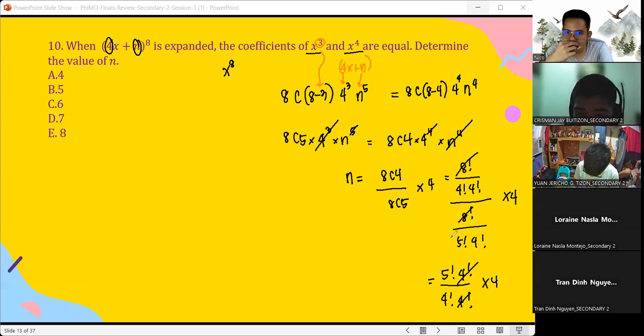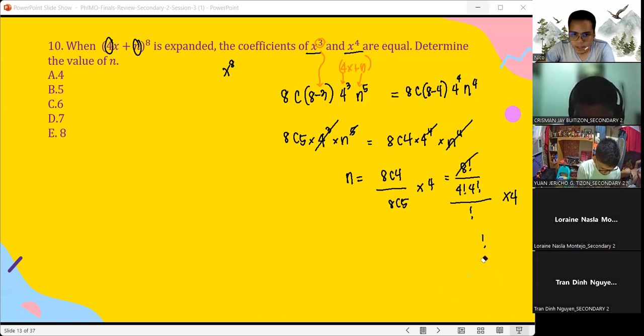Let me double check my 8c4. 8c4, 4 to the 4, cancel, cancel, and 8c4, 8c5. Okay, okay. So 8c4 is equal to 70. The error is in here.